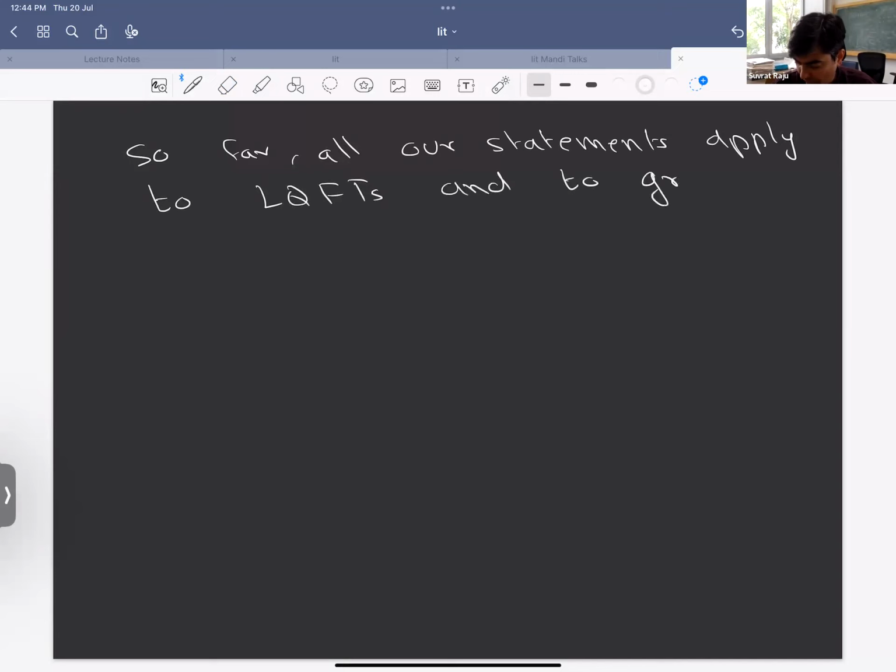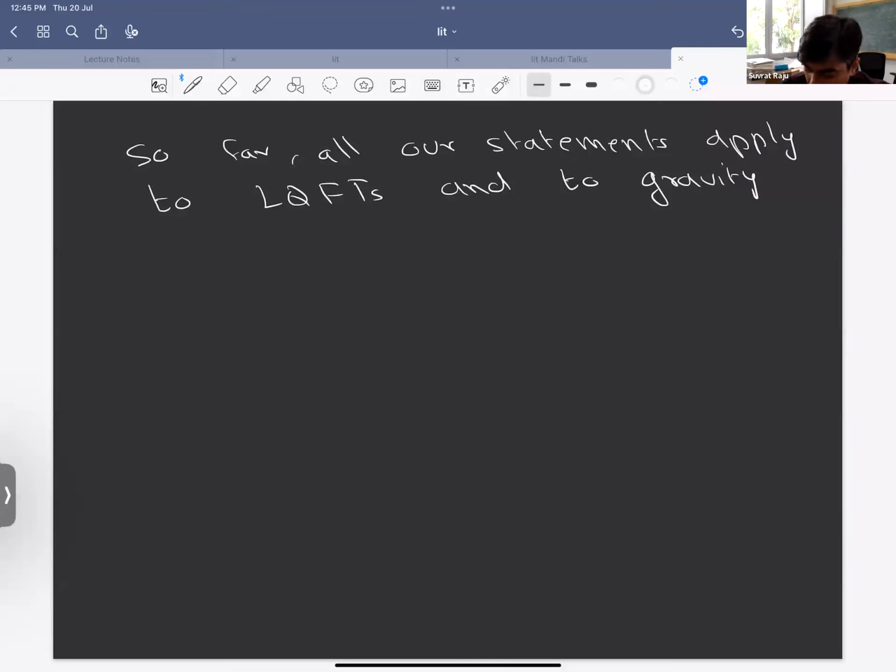There's nothing that we said that is not true in a field theory, and there's nothing that we said that's not true in gravity. Of course, in assuming that the statement applies in gravity, I'm assuming that in the full theory of gravity, the energy is still bounded below, which we believe should be true in some well-defined theory of gravity.